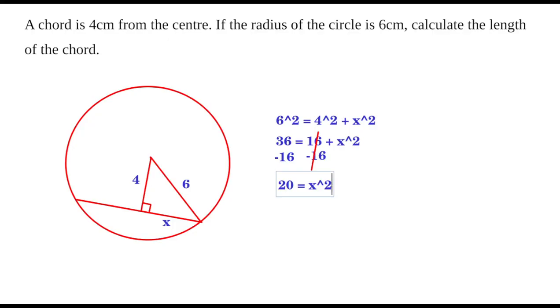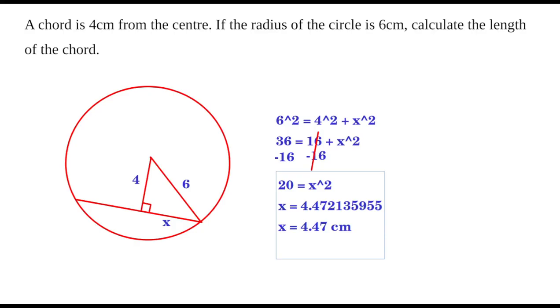The square root of 20 is 2 root 5. So your x is equal to 4.472135955. And then correct to 3 significant figures, this is 4.47 centimeters. But then we don't want x, we want double of that.